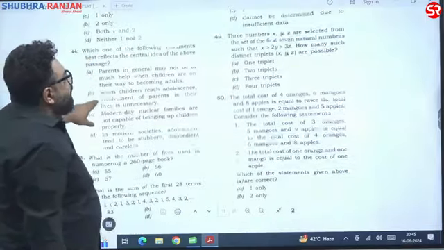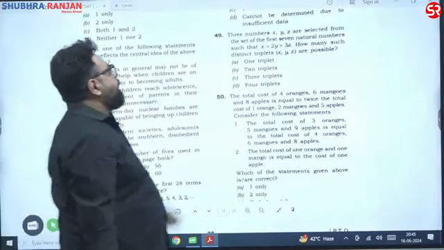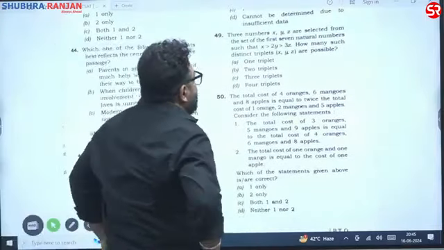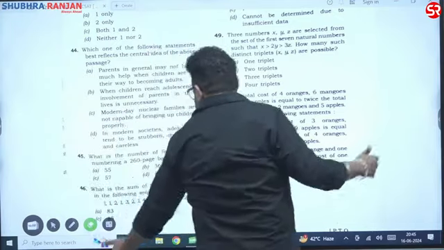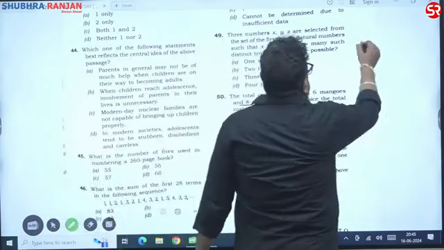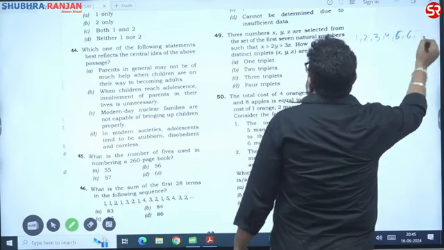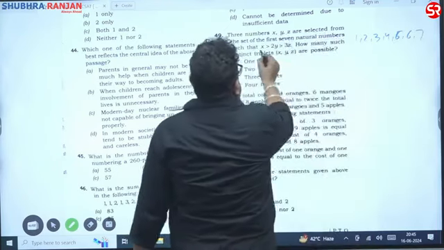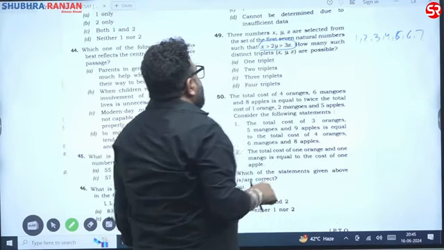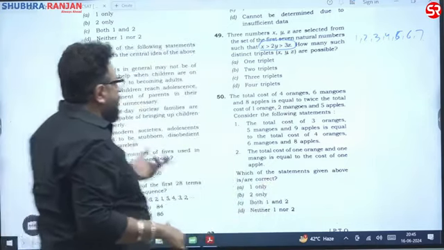Three numbers X, Y, and Z are selected from a set of first 7 natural numbers. So the first 7 natural numbers are 1, 2, 3, 4, 5, 6, and 7, such that X is greater than 2Y and greater than 3Z.